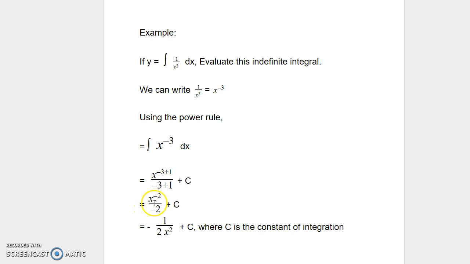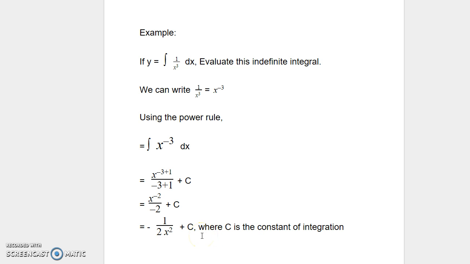What I have done here is, since x to the power of -2 has a negative exponent, when we bring it to the denominator it converts to a positive exponent. Therefore, I write this as negative 1 over 2x squared plus c. As always, when we complete the integration process, we add a constant term c to the solution.